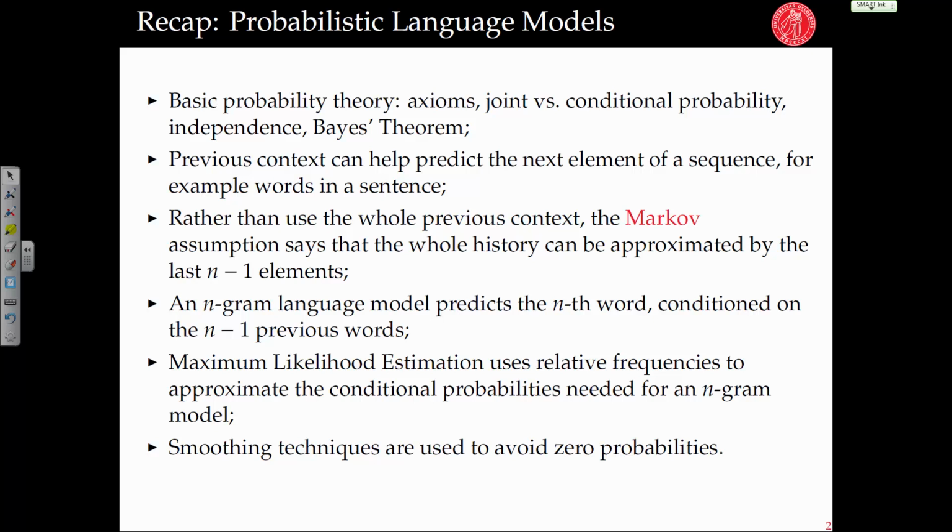So we will add 1 to all the counts. This would help us get rid of zero probabilities and make our system more intuitive. So this is a very quick recap of what we did last week. Do you have any questions on that?